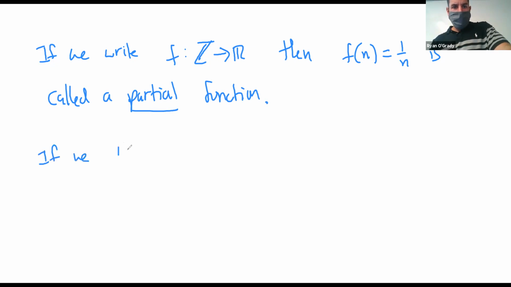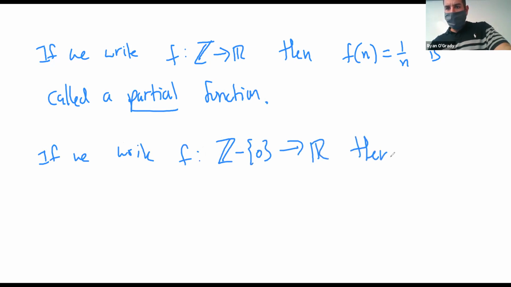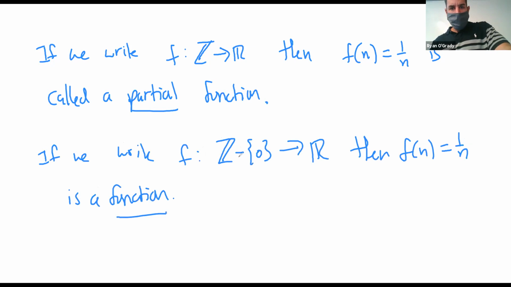And then if we write the more correct notation, f from, say, the integers with 0 taken out, now this is completely legal. So there's a subtlety here. Keep that in mind.